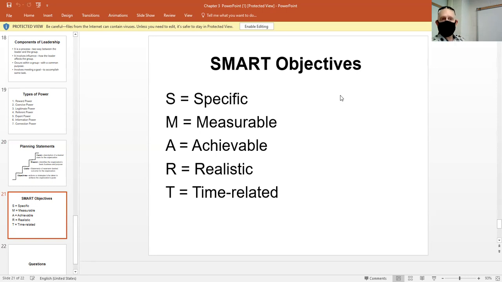They need to be achievable. If you make it too hard, it's going to break spirit. If you make it too easy, people are going to feel like you don't think they can do much. It needs to be realistic, which goes along the same line, and time related. It needs to have a deadline, or this is when it's going to happen. There's a time component tied in with objectives.